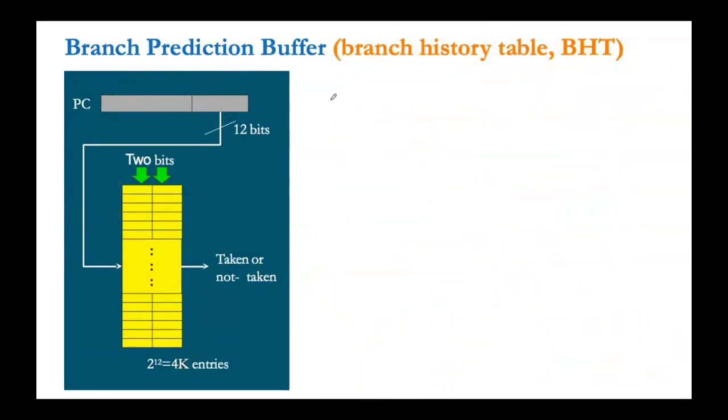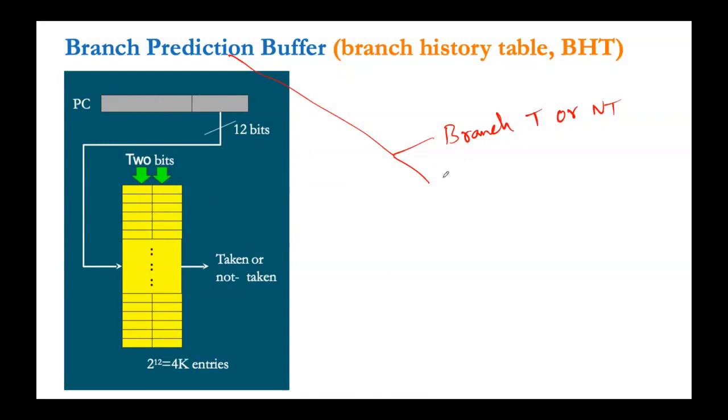Now, recall that for branch prediction, we need to perform two operations. First, we decide whether the branch will be taken or not taken. That we call branch prediction in the control hazard.